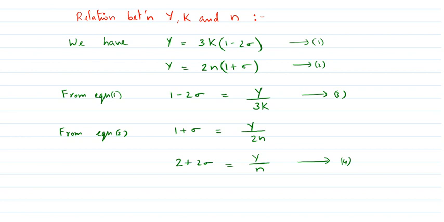Now adding equations 3 and 4, what do we get? 3 equal to Y by 3K plus Y by N. That means 3 divided by Y equal to 1 divided by N plus 1 divided by 3K.